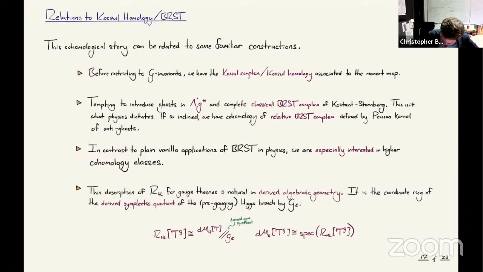So the slogan here for anyone who tuned in because of the phrase derived Higgs branch in the title of my talk is that if you didn't know about the virtues of derived algebraic geometry and derived symplectic reduction, et cetera, it's being handed to you by physics here. And you're not introducing anti-ghosts by hand because they make the formal structure nicer.